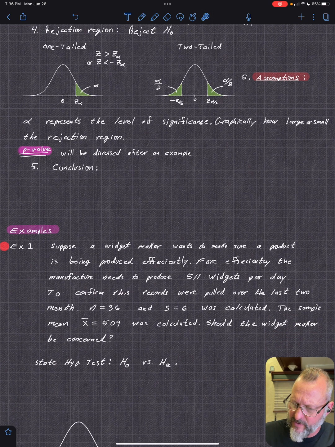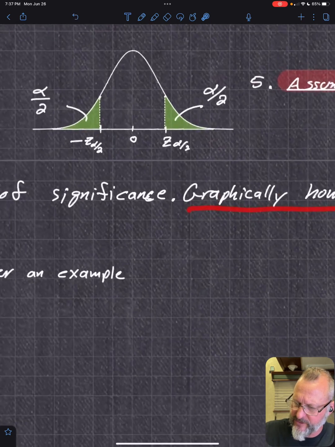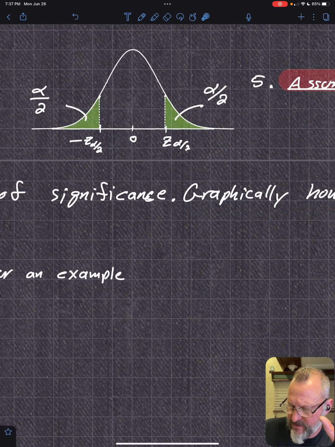So your alpha represents the level of significance. Graphically, how large or small the rejection region is. So the rejection region, or interval really, are these. A larger alpha is going to come farther over like this, and it's bigger.